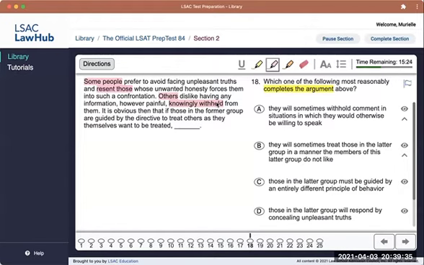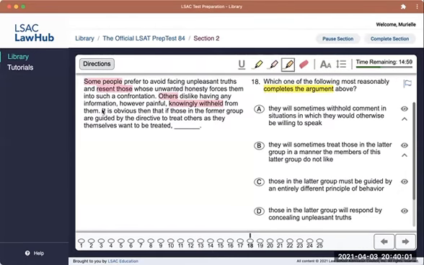But on the whole, what we've got here is a comparison. And so the reasoning structure is comparative, right? There's a contrast between these two groups, and then we'll see what we're going to do with that. It is obvious then, so this would be a phrase indicating a conclusion.